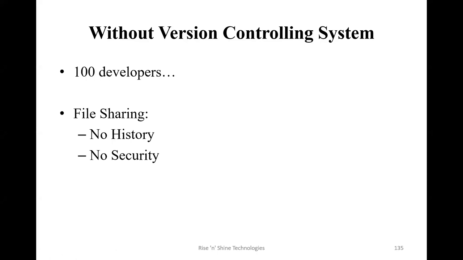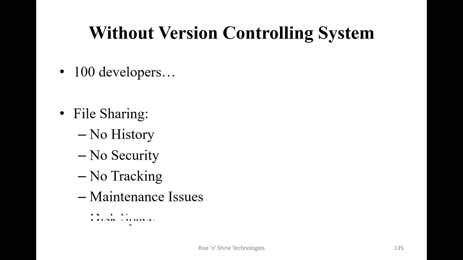As we are talking, if one member has deleted the file, then it will be deleted on all the devices if it is normal file sharing. And no tracking. Who has done what, at what time the modification was done. Tracking that information is also very, very important. And maintenance issues, backup issues, that is disk space.